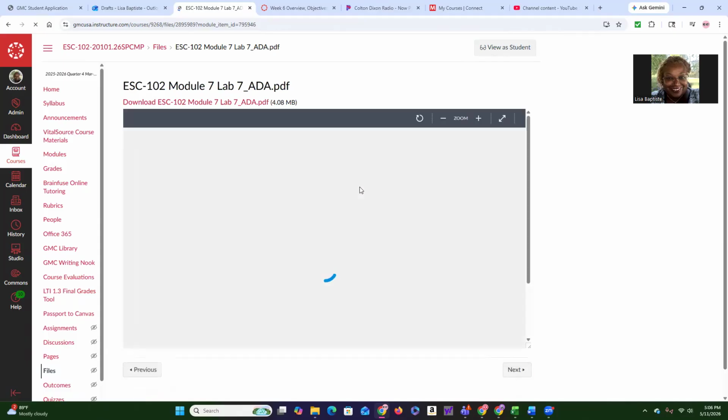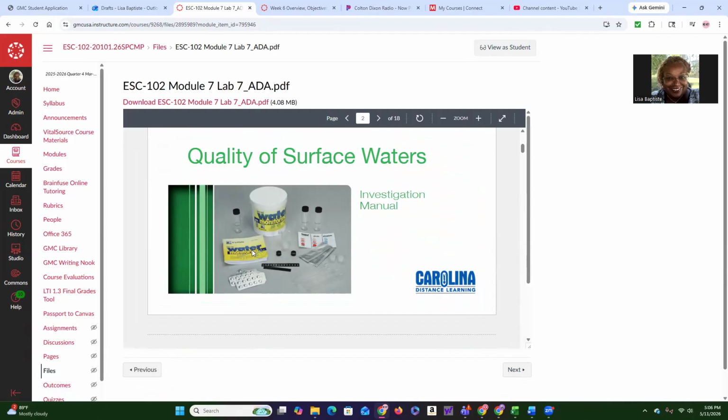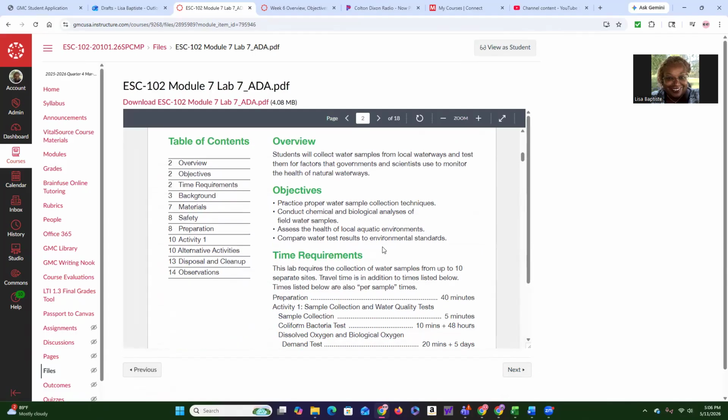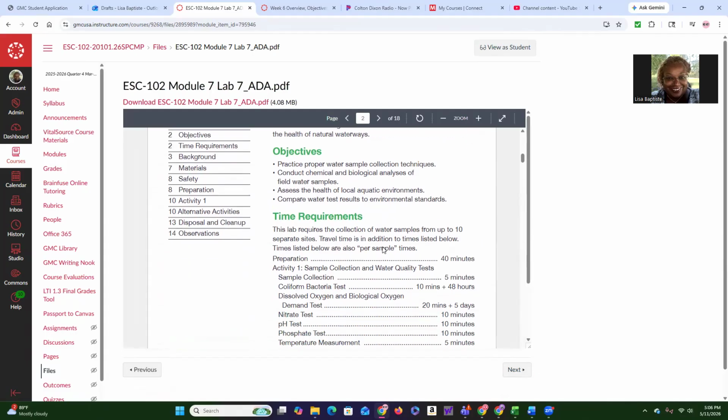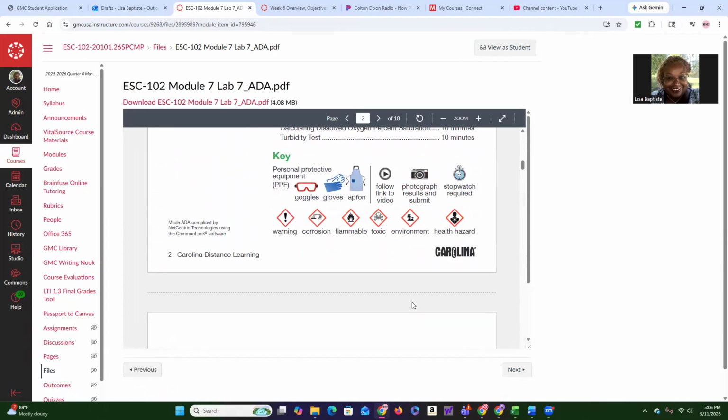And then this is the directions for your Module 7 lab. And so you'll go through these step-by-step instructions. This is what your kit should contain. So you should have all of these different tools for this kit. This gives you the breakdown about how much time that it will take.